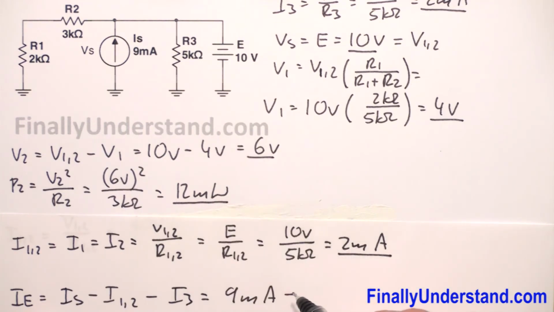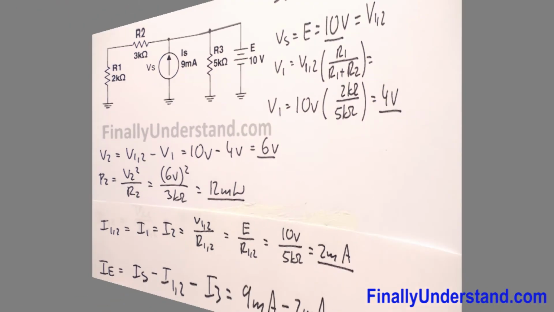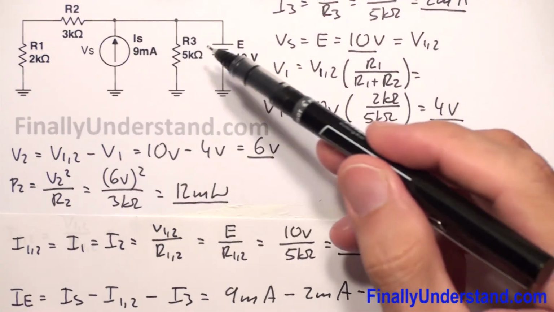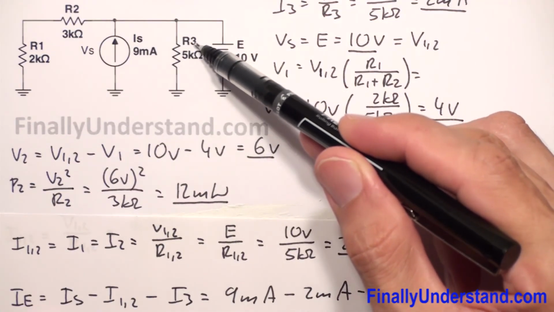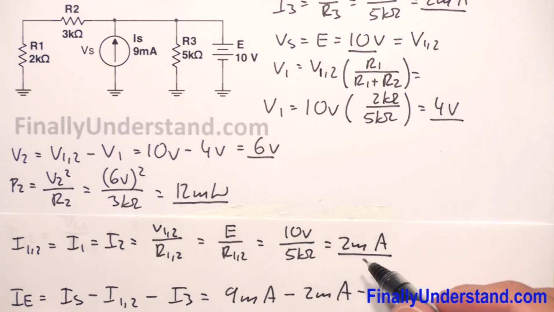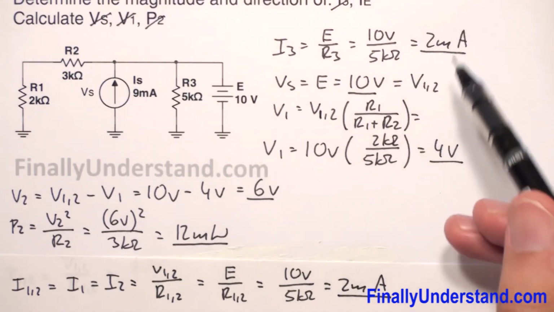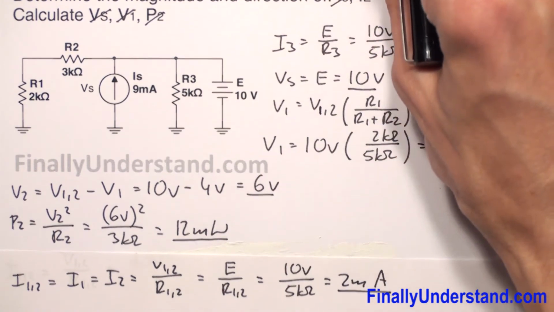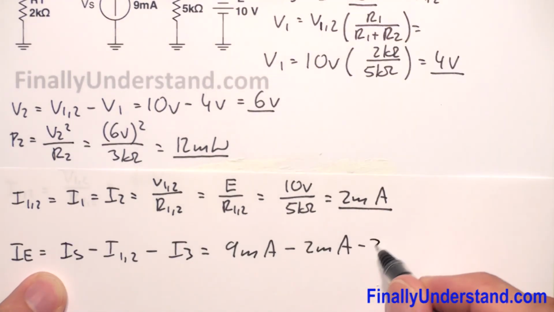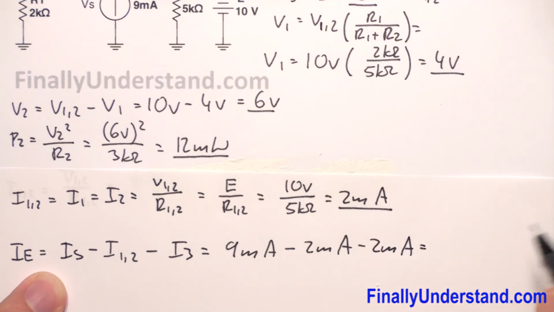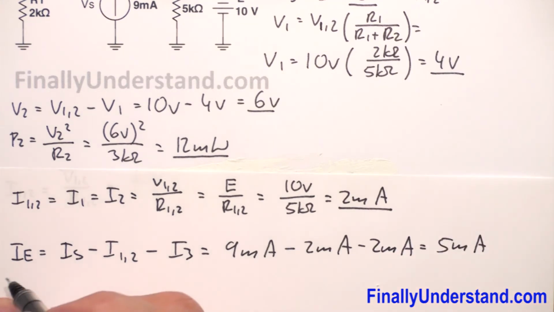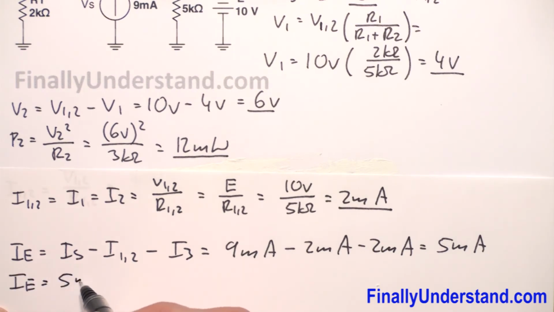So I have my I12 2 milliamps minus the current which goes through resistor R3, and current through resistor R3 is equal 2 milliamps. So this is equal 5 milliamps. So IE is equal 5 milliamps.